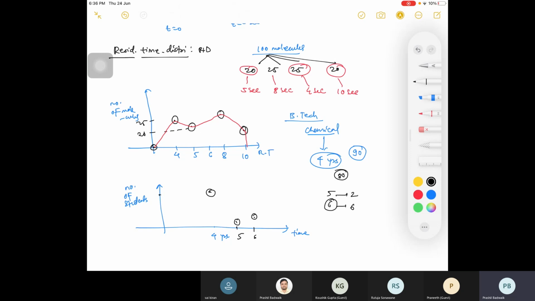So their residence time becomes 1 year. There will be some students who have 1 year as residence time.